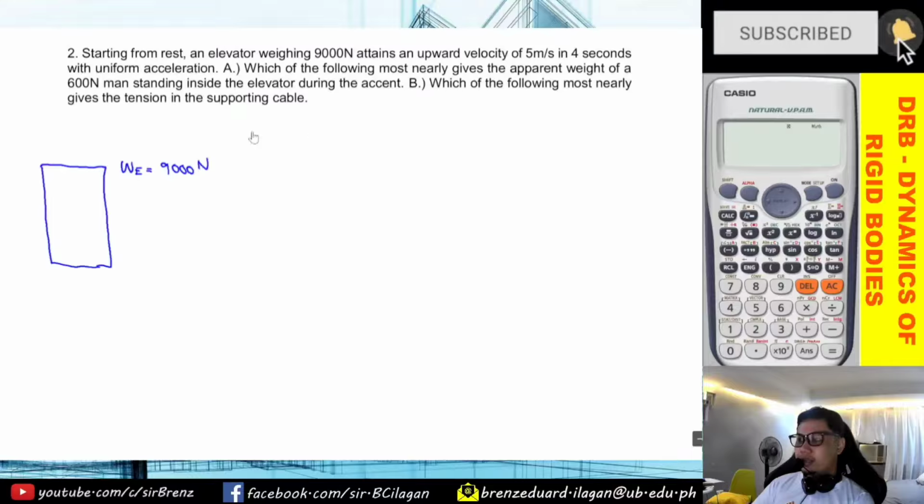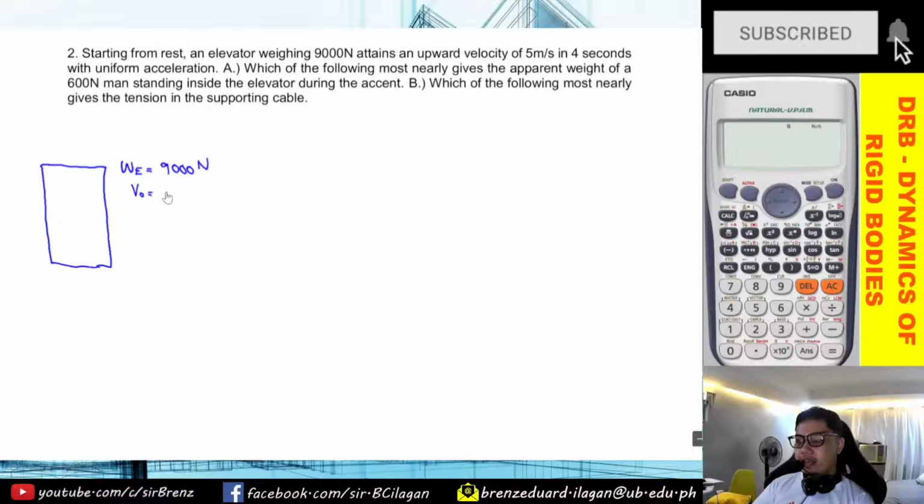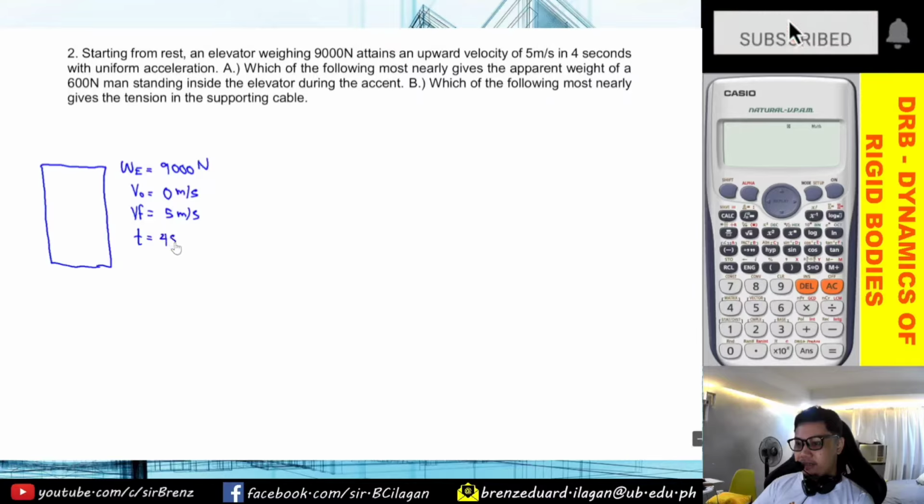So, this elevator attains an upward velocity of 5 meter per second in 4 seconds, starting from rest. Since it is indicated there that it starts from rest, the initial velocity will be 0 meter per second, and the final velocity after 4 seconds is 5 meter per second. So ang time is 4 seconds.